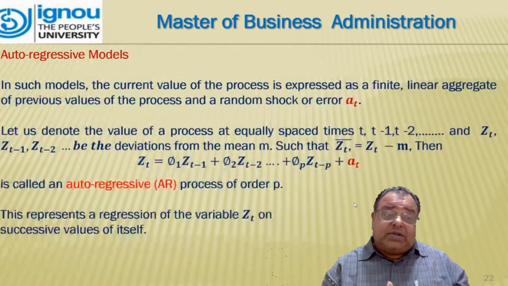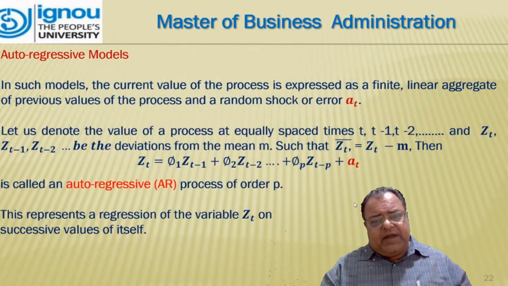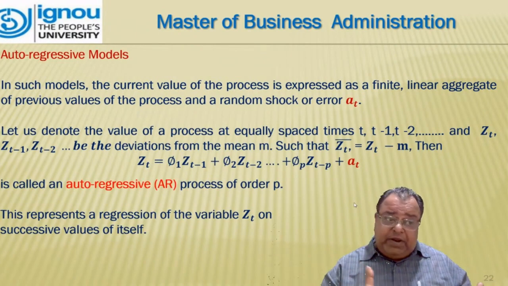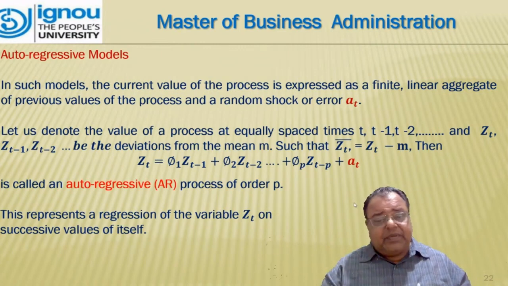Then comes, what is an autoregressive model? In such models, the current value of the process is expressed as a finite linear aggregate of previous values of the process and a random shock or error, that is at.